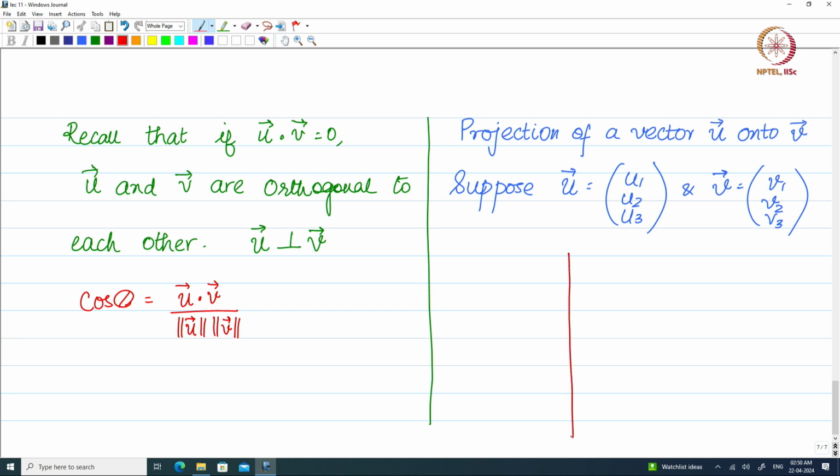Basically, we are looking at 3 dimensions, so let me take 3 axes. This is my x1 axis, the direction along E1, this is the direction along E2, and that is the direction along E3. So I have these 3 vectors E1, E2, E3. Now what am I going to do? I am going to draw this vector u. The vector u, let me take it this way.